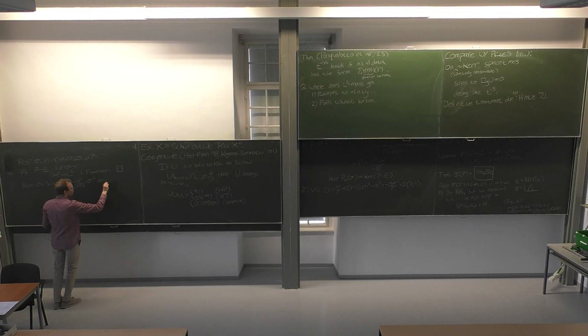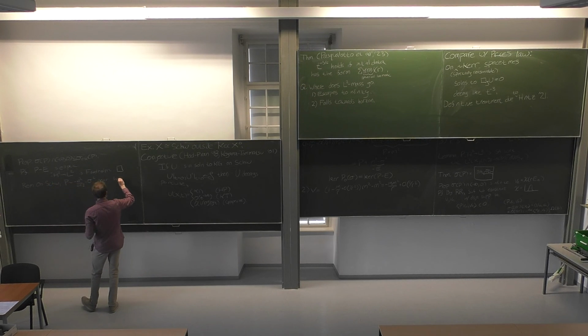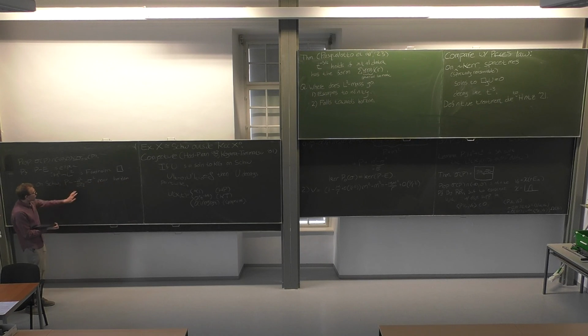So it looks like this near the horizon. This is the tortoise coordinate. And so this looks like the Laplacian in 1D. The problem is that this is near the black hole horizon, so on exact Schwarzschild near the horizon.